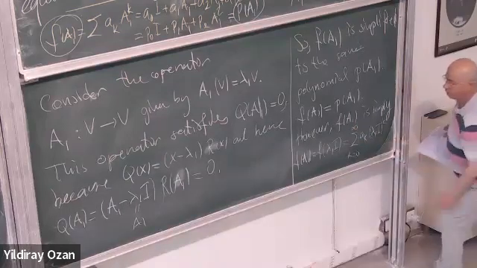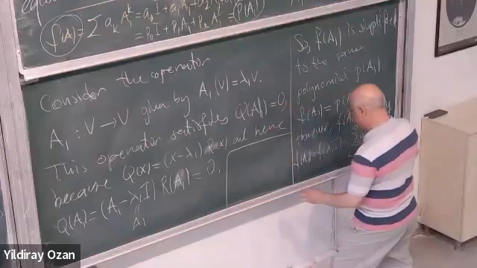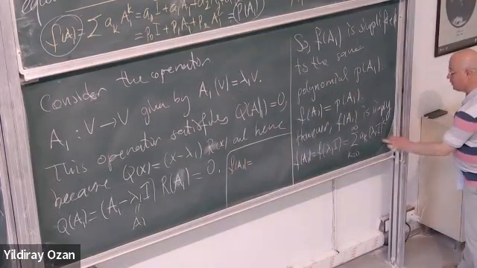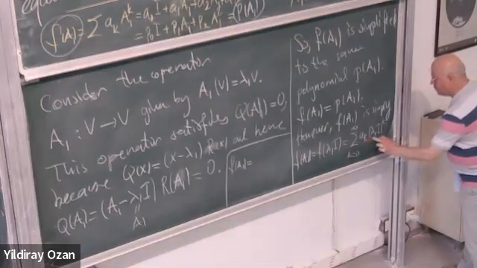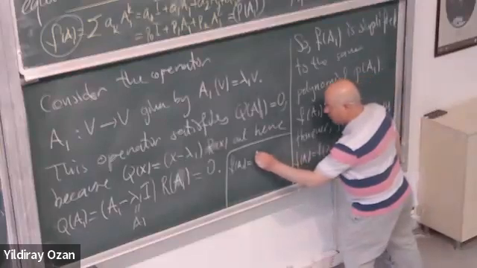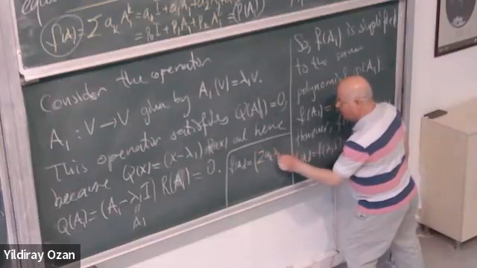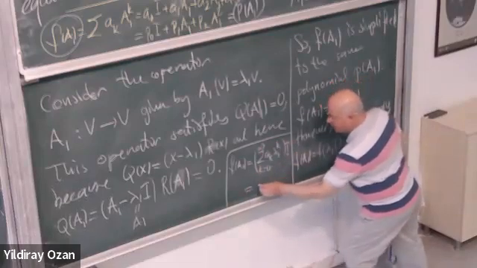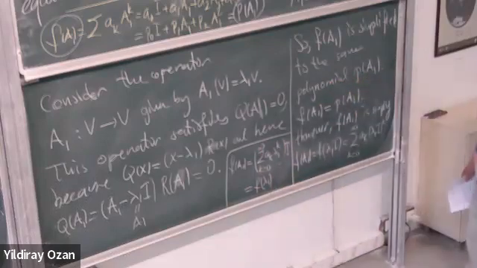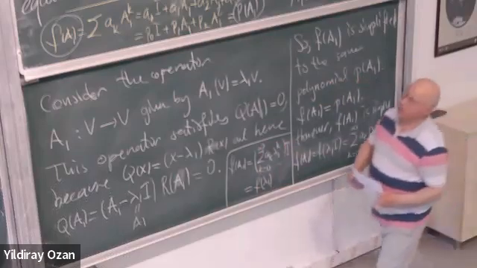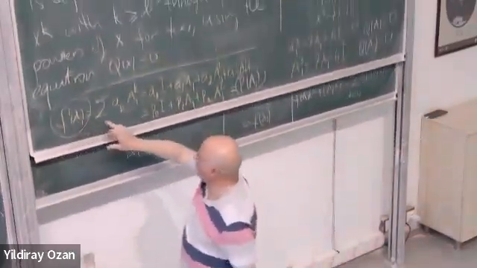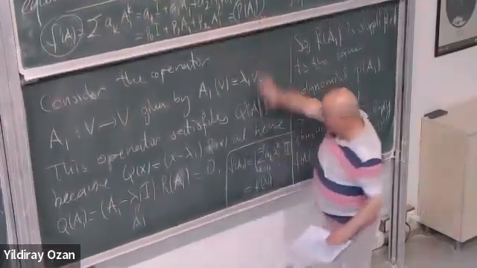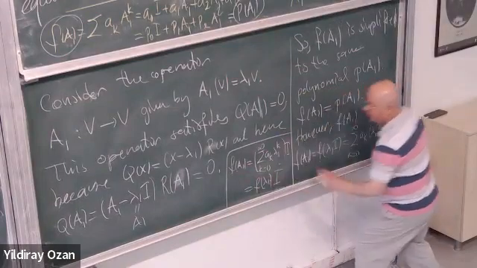I have just lambda 1 to the power k. So f of A1 is just, I can pull out the identity, and I will have the sum of a_k times lambda 1 to the power k, summation from 0 to infinity, times identity. But what is this? This is just f evaluated at lambda 1, right? f of x is just the sum of a_k x to the power k. f of lambda 1 is the sum of a_k times lambda 1 to the power k. So this thing is just f of lambda 1 times the identity operator.